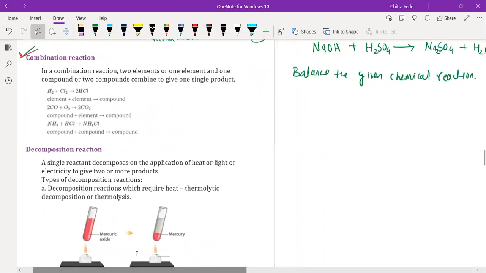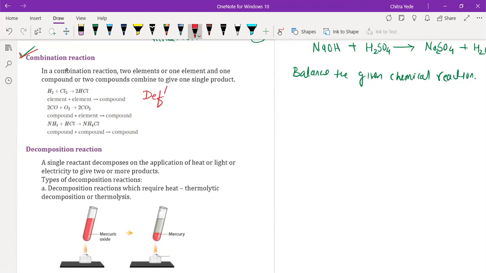In a chemical reaction, two elements, or one element and one compound, or two compounds combine to give one single product. So instead of saying compound or element, we will say substance, or we can say reactant. So I'm going to define the combination reaction over here.